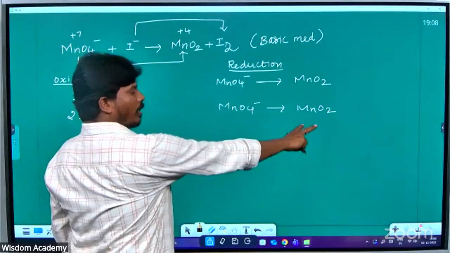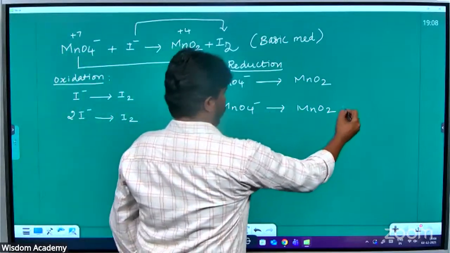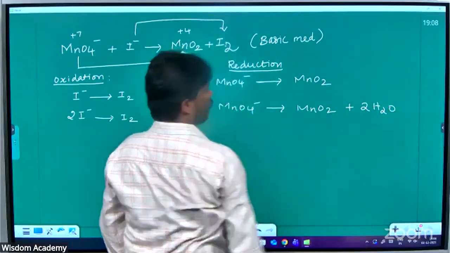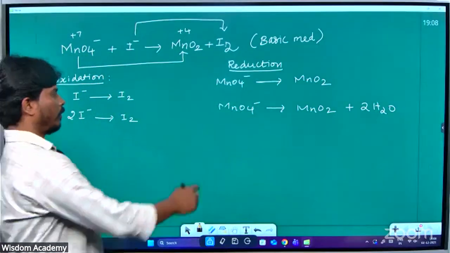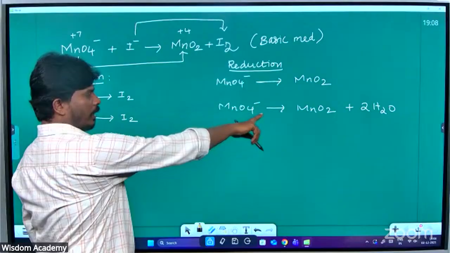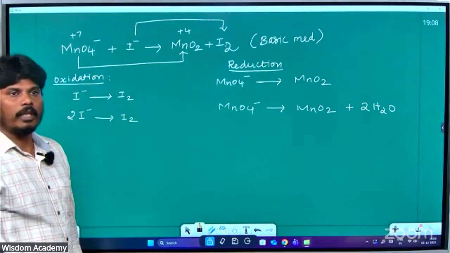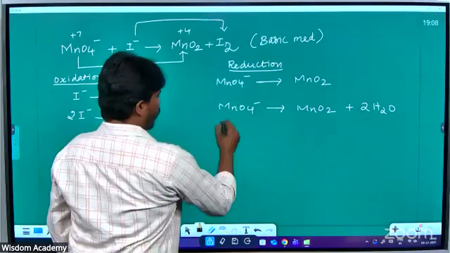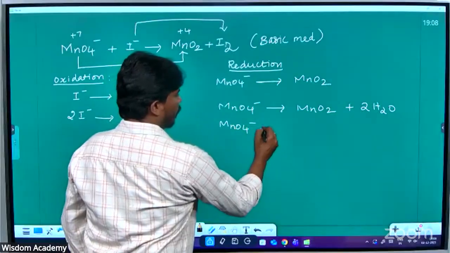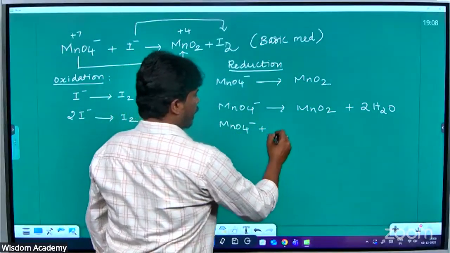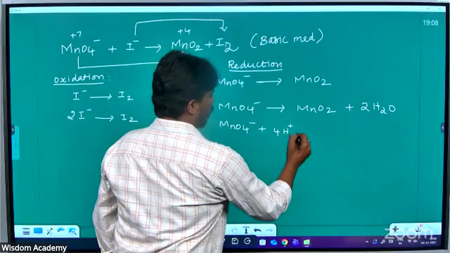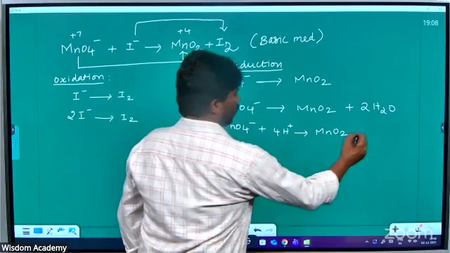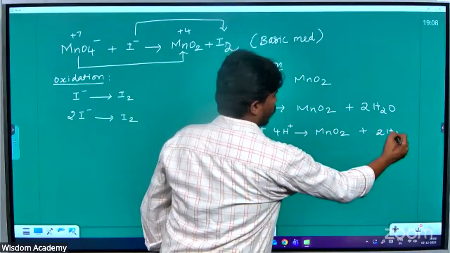On the right side, two oxygens are short, so we balance by adding 2 water molecules. MnO4 minus has 4 oxygens, but MnO2 contains only 2. Then hydrogen is balanced: MnO4 minus plus 4H plus gives MnO2 plus 2H2O.